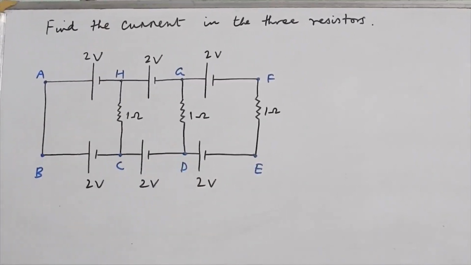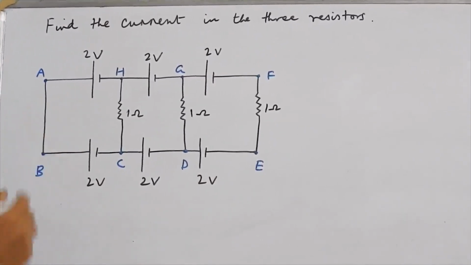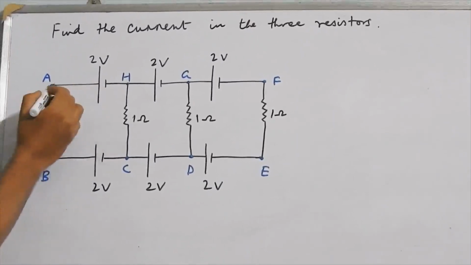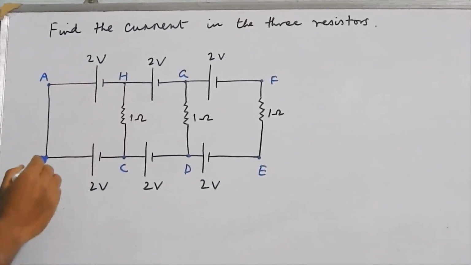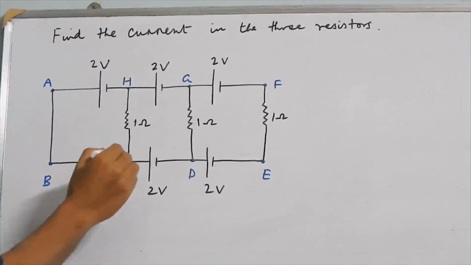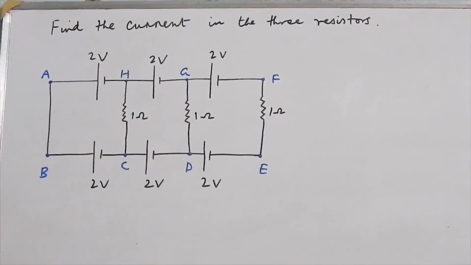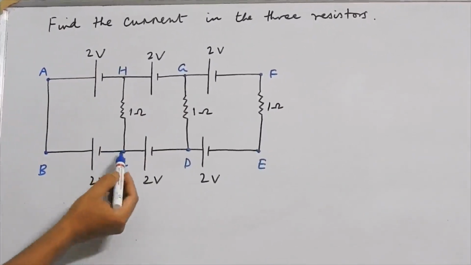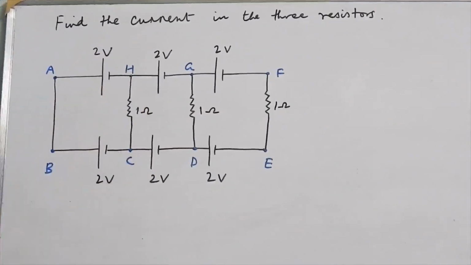Now, where there are maximum interconnections, if you observe, here there are two connecting wires proceeding along this direction and this direction. In this case also there are two connections proceeding along this and this direction. But at H, G, C and D, there are three connections or three connecting wires which are meeting along this direction, along this direction, along this direction.